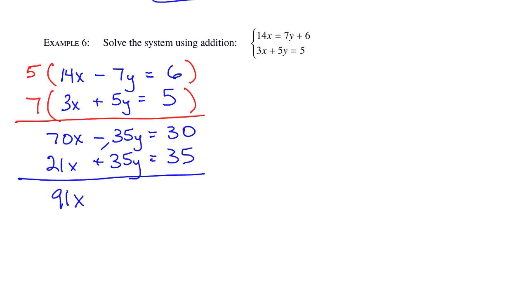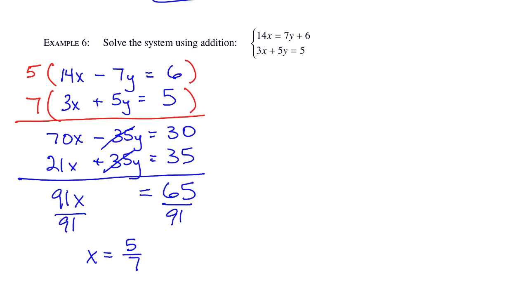The y's cancel, and that leaves us with 65. Divide both sides by 91, and you get x is equal to 5/7. 65 and 91 are multiples of 13, so cancel off 13s and you get 5/7.